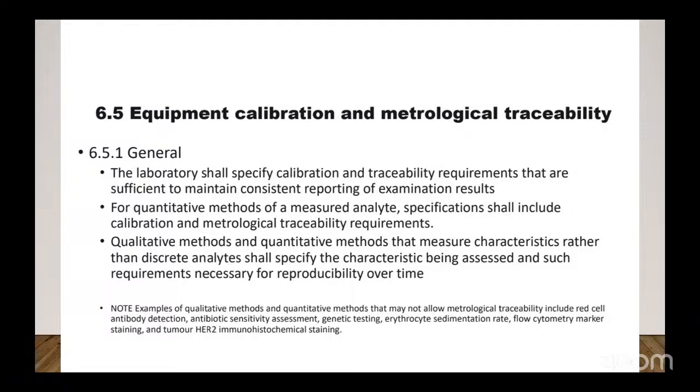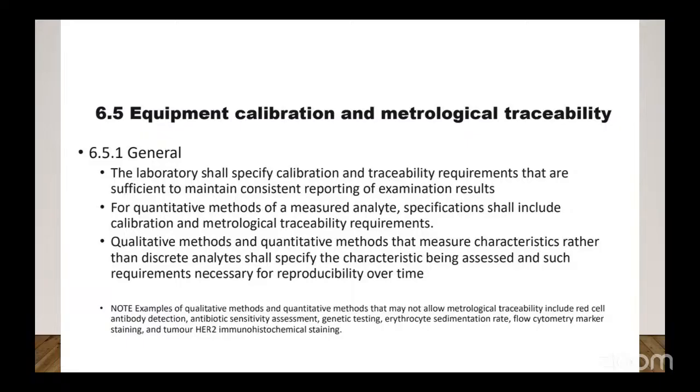For quantitative methods or measured analytes, and when we're talking about quantitative method, you know what we're talking about, not qualitative, any method that gives an actual value, specification shall include calibration and metrological traceability requirements. The qualitative methods and quantitative methods that measure characteristics rather than discrete analytes shall specify the characteristics being assessed and the requirements necessary for reproducibility over a period of time.